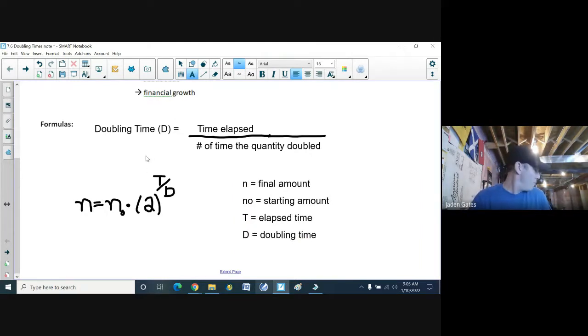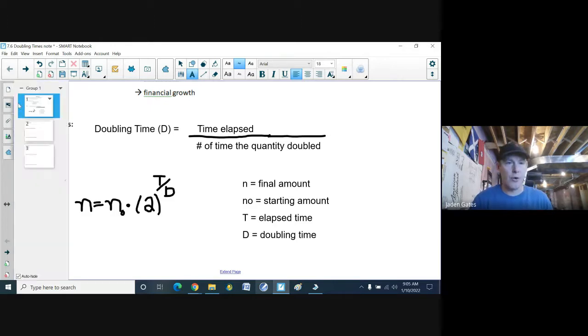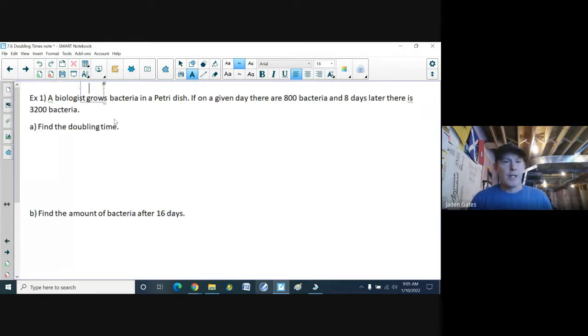All right, so now we're going to look at actually using them. So here we go. Example number 1. A biologist grows bacteria in a petri dish. If on a given day there are 800 bacteria, and 8 days later there are 3,200 bacteria, find the doubling time.